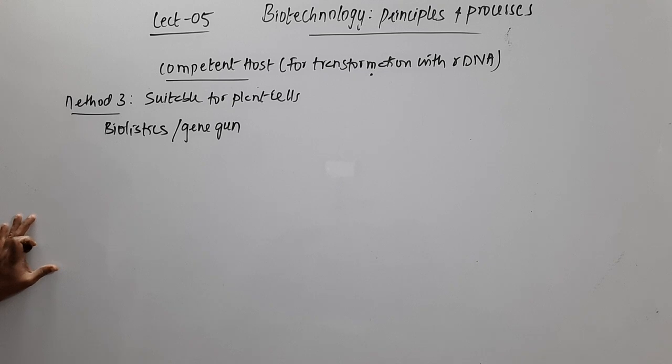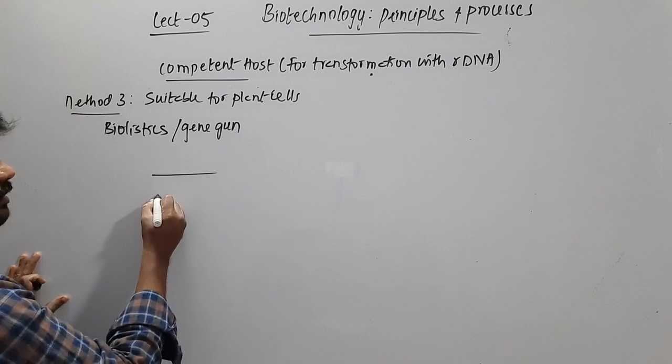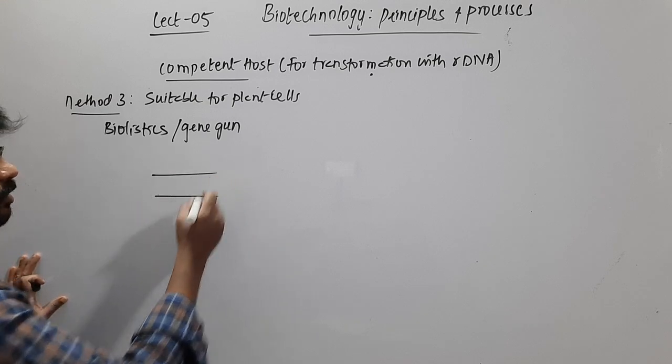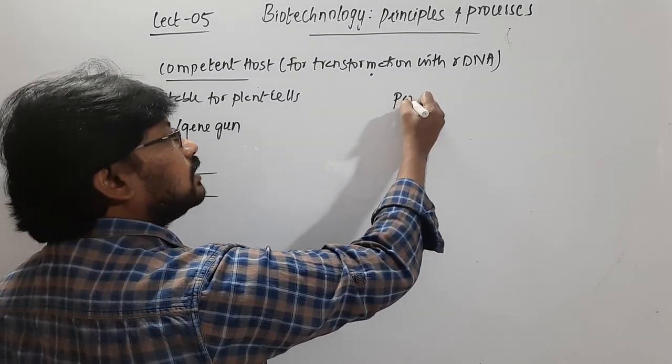Biolistics or gene gun. So there is a gene gun, into which they will be loading bullets that will be made up of gold or tungsten. They are going to load particles.